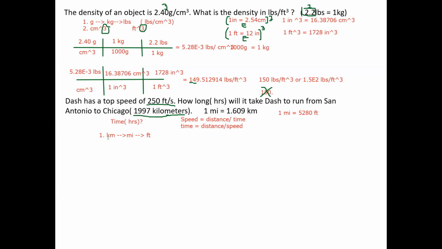So once we convert kilometers to feet, the second step, we can find the time it takes in seconds for Dash to go from San Antonio to Chicago. That's the distance divided by the speed.